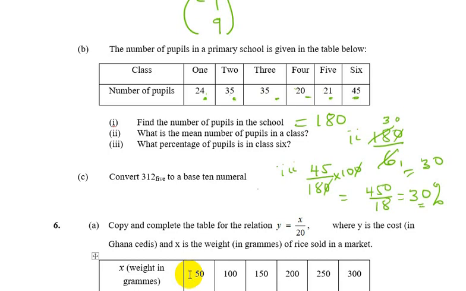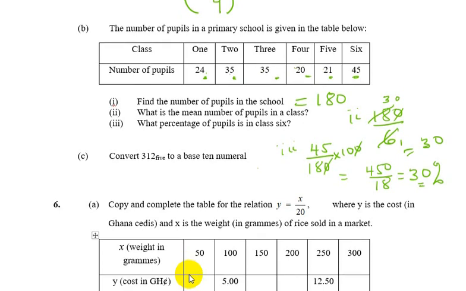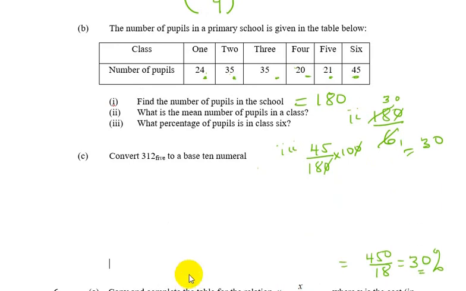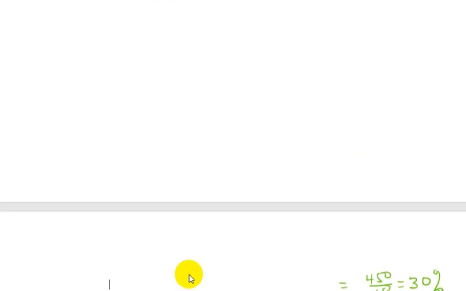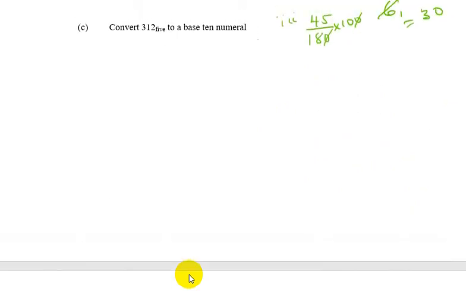Okay, now we are moving to the B part, and the B part says that convert 312 base 5 to base 10.